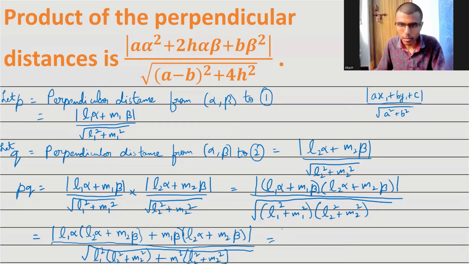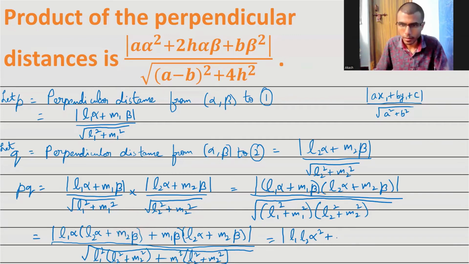Fine. Now this is nothing but equal to modulus L1 alpha into L2 alpha. It's going to be L1 L2 alpha square plus L1 alpha into M2 beta, L1 M2 alpha beta.